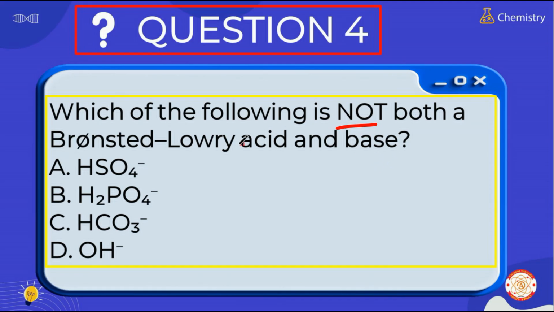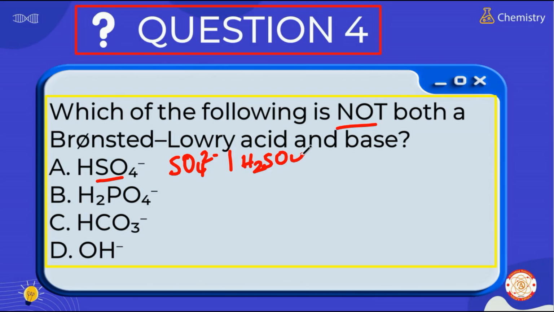So choice A, this can act as an amphiprotic because when this loses a hydrogen ion or a proton, it forms what? Sulfate ion. And when it accepts a proton, this hydrogen sulfate becomes what?